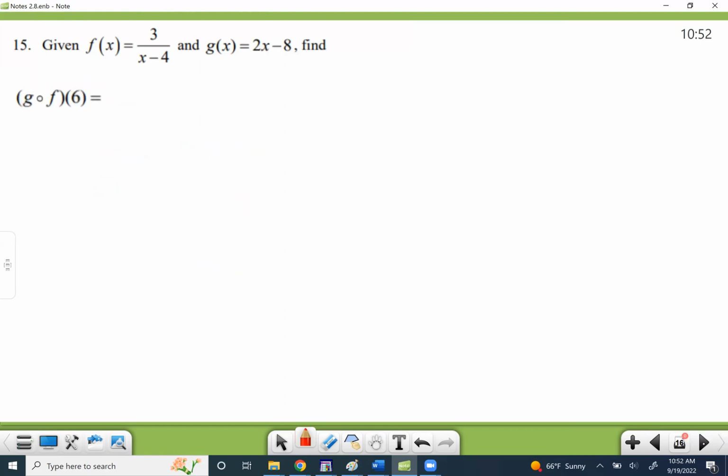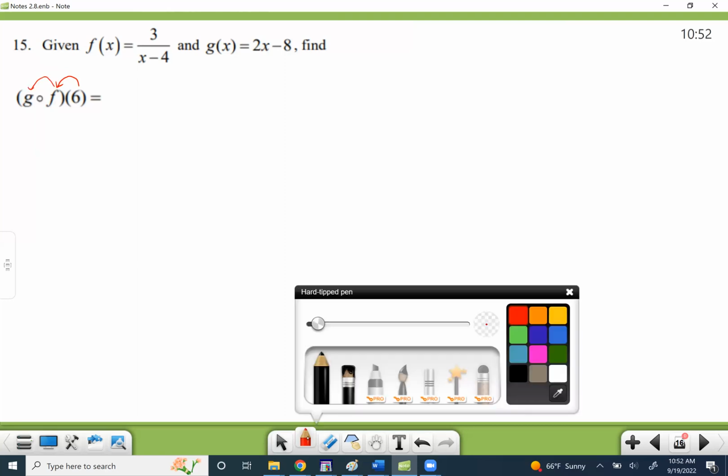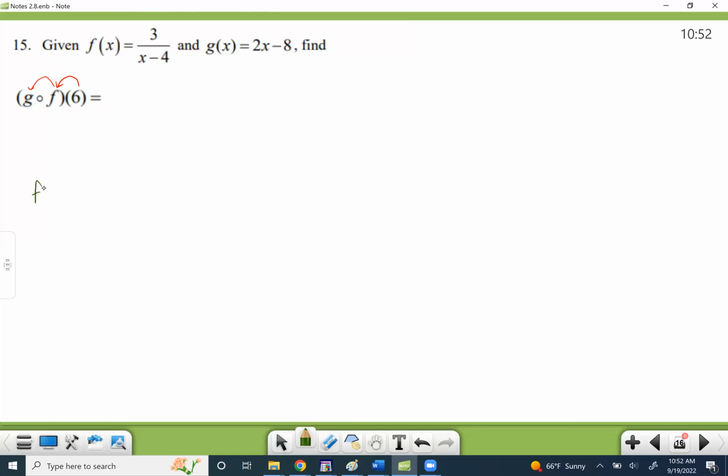All right, let's try this again. So 6 is going to get plugged into F. Whatever we get from that, we're going to substitute into G. All right, so let's start off by taking F and plugging 6 into it. So we got 3 over 6, take away 4, so 3/2.